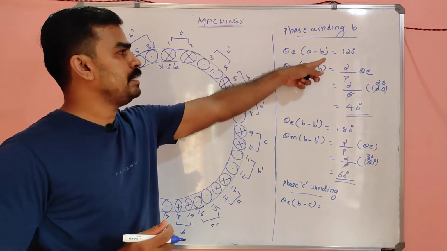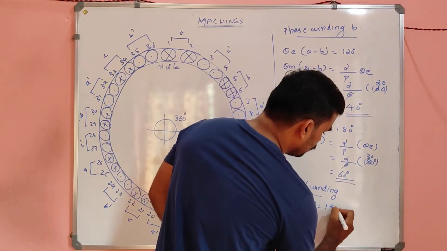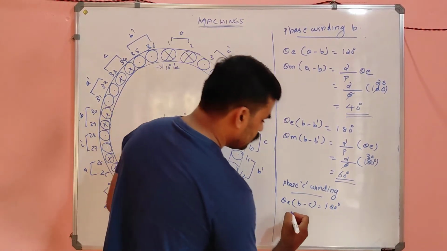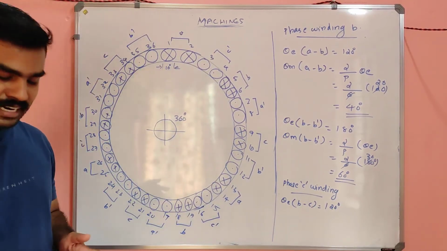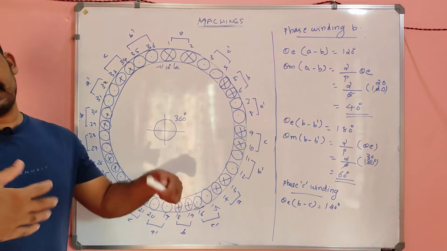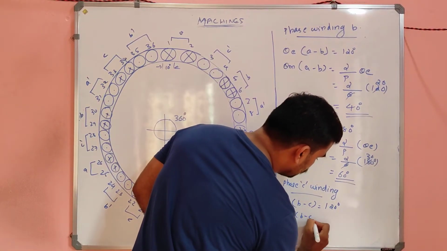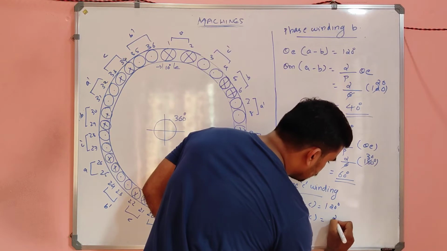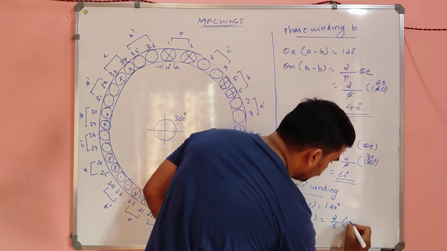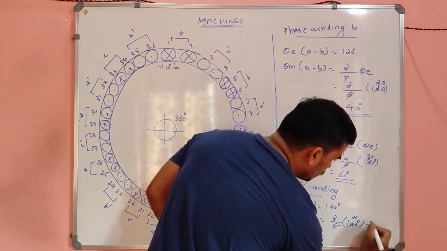Electrical angle between A to B is 120. Electrical angle B to C also 120 degree electrical. So this electrical angle we can't measure directly because it is in electrical terms. So we have to convert it into mechanical degree. So what will be theta mechanical between B to C? It is nothing but 2 by P, that is pole P, into theta electrical, which is nothing but 40 degree.